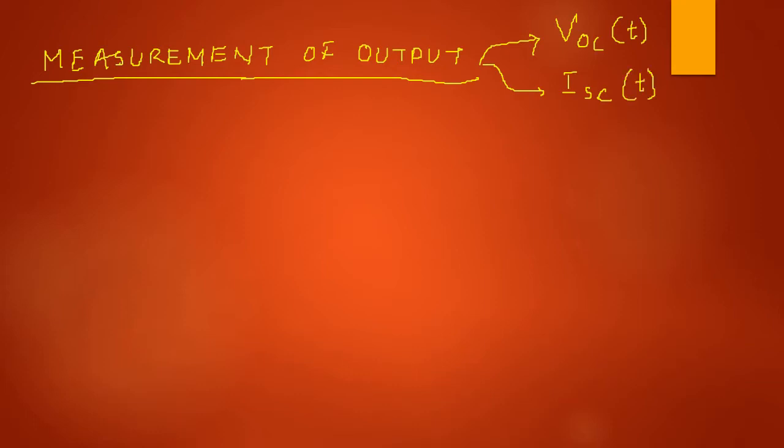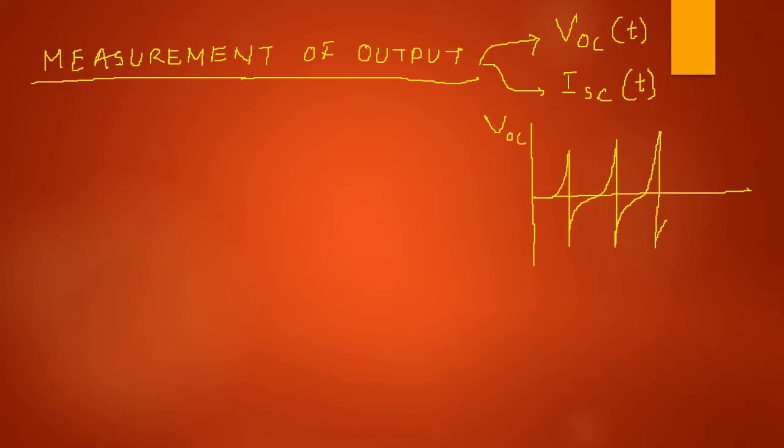So basically what you see is, if in this case you plot VOC, you will see this kind of curve, and in the x-axis you have time.